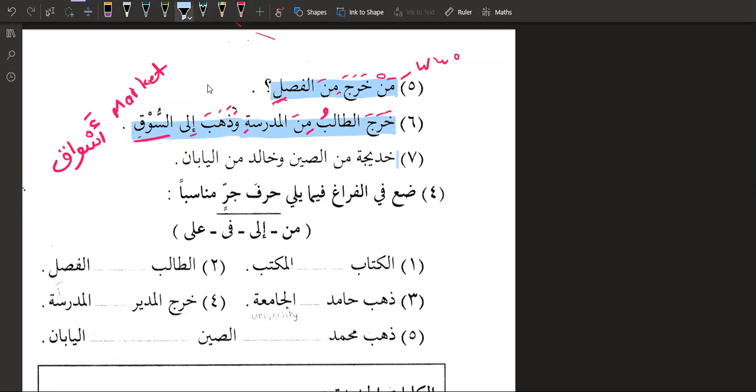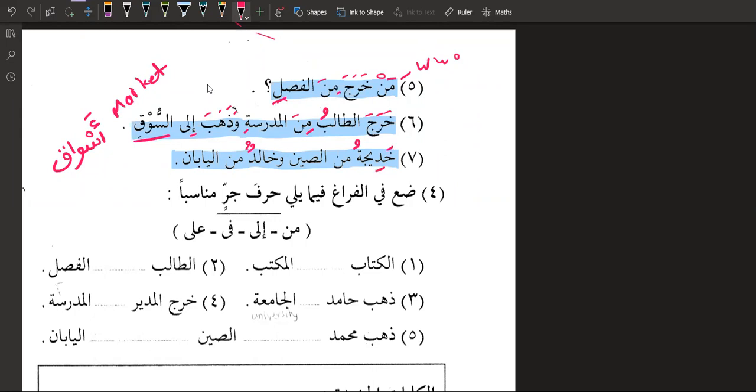عبد القيوم. خديجة من الصين وخالد من اليابان. So خديجة. Why is it one damma, Abdul Qayyum? It's a feminine, a female name. And Khalid has two dhammas. Why? Because it's a masculine name. ممتاز.